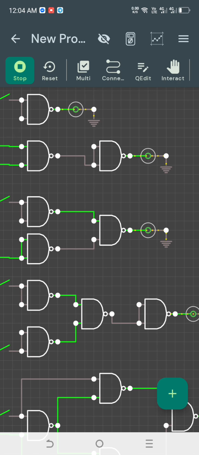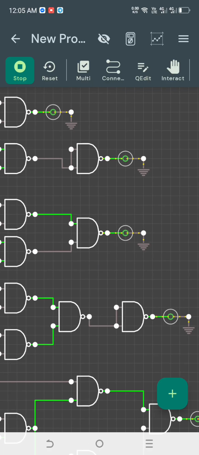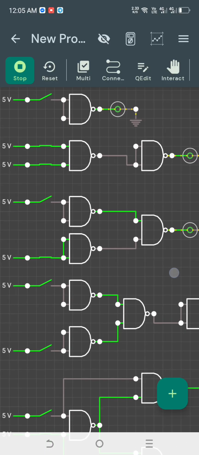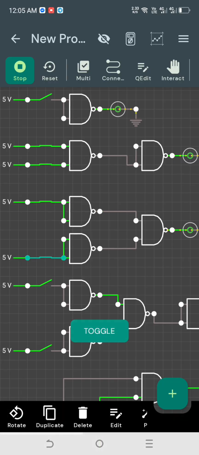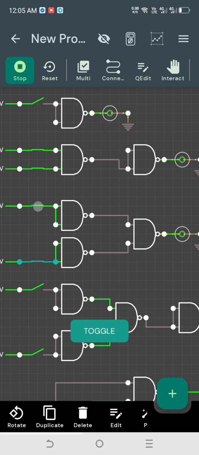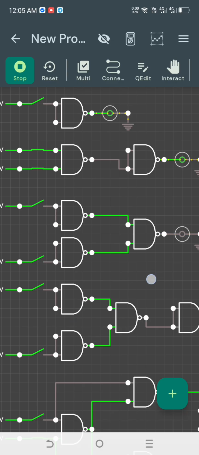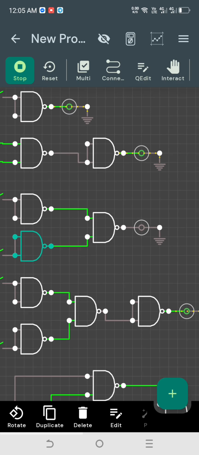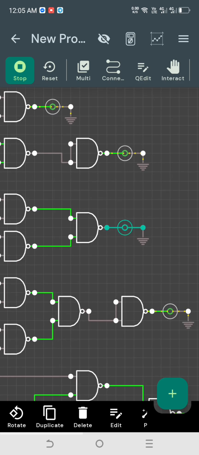If 0 and 0, the output is 1. If at least one of them is 0, then the output will always be 1 or true. So there we go, as you can see right here, they are both working. If I turn all of these on, then 1 and 1 gives 0, so this will not work.